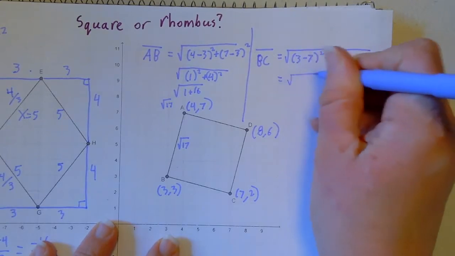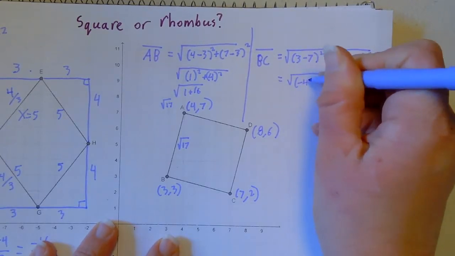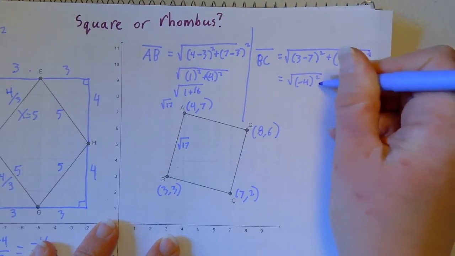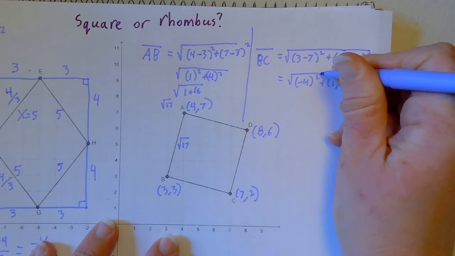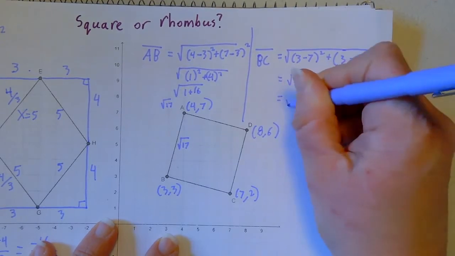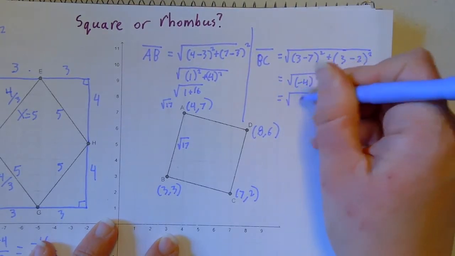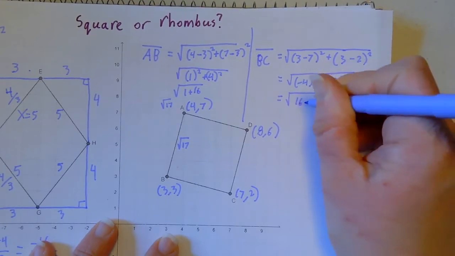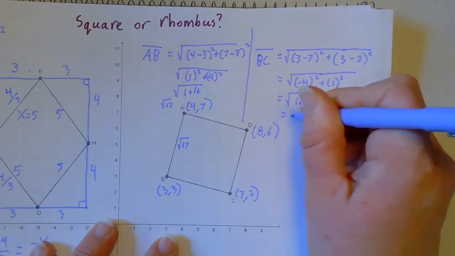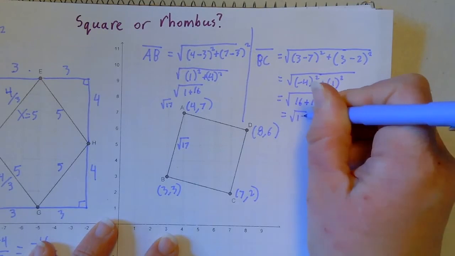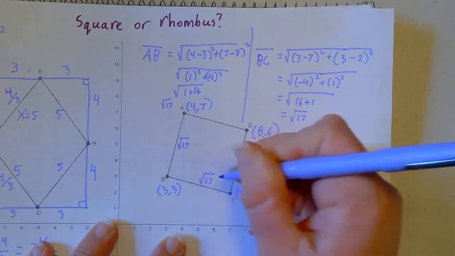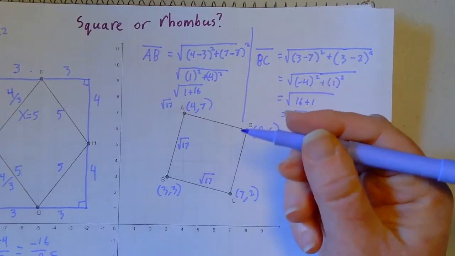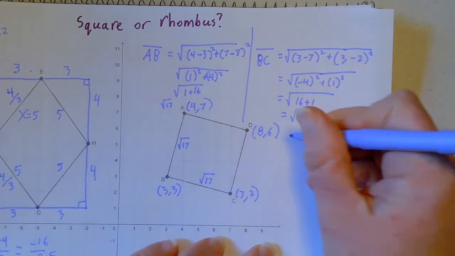Three minus 7 is -4. 3 minus 2 is 1. -4 squared is positive 16. And I once again get the square root of 17. So that's a good sign. I'm part of the way there. Let's see what happens with the next one.